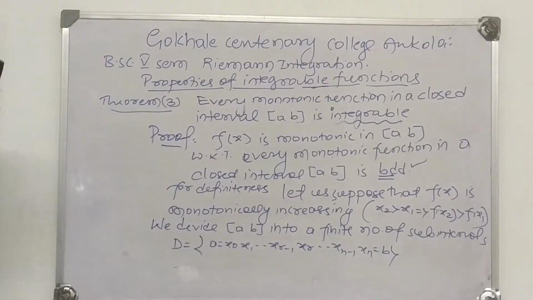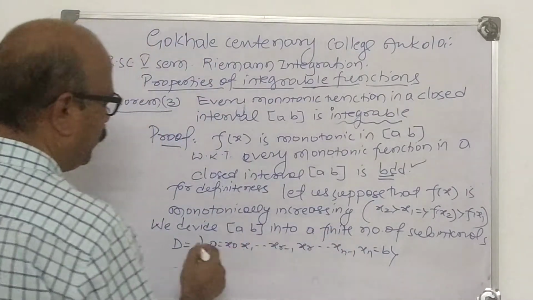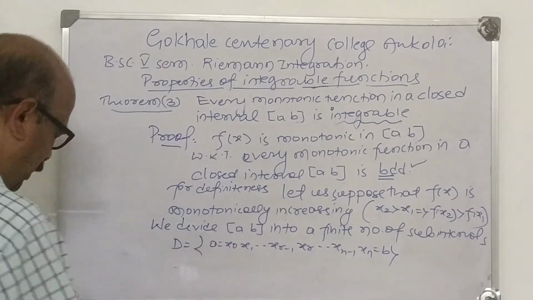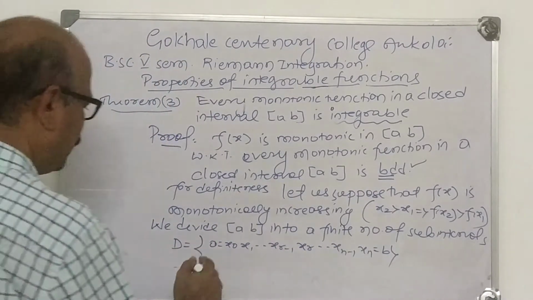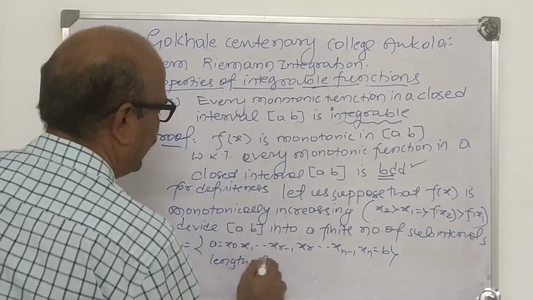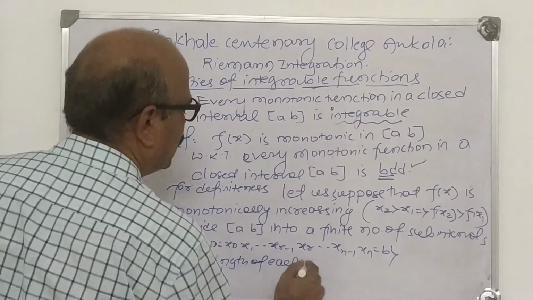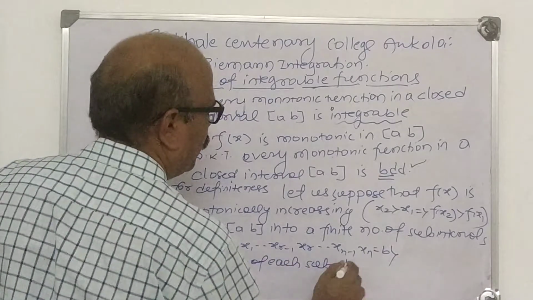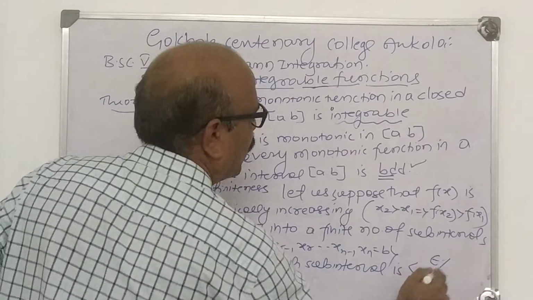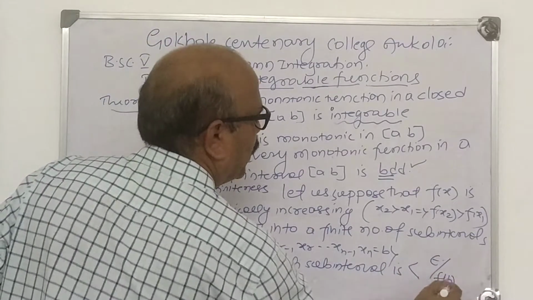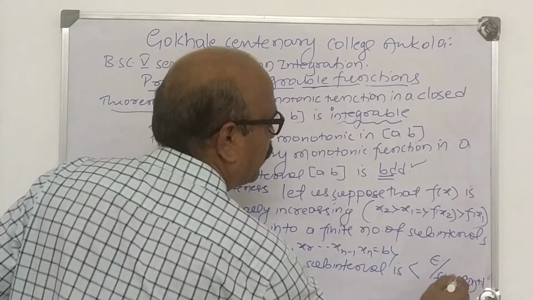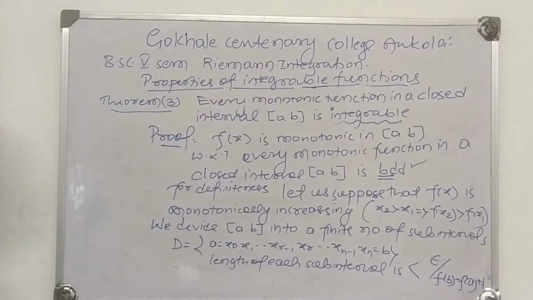This is one such division, so that the length of each subinterval is less than epsilon by f(b) minus f(a) plus 1.